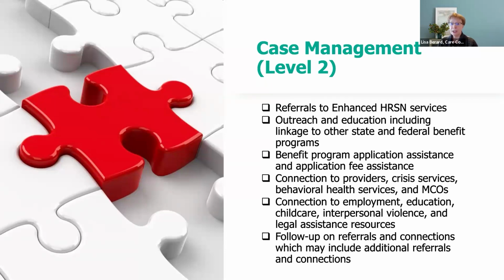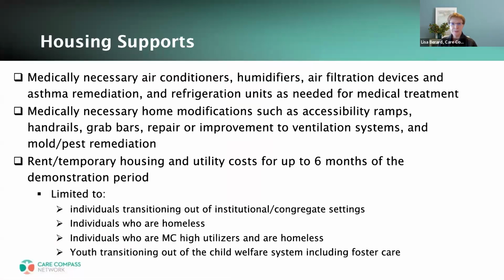Assistance in program applications and those associated fees, connection to providers, crisis services, behavioral health services, and MCOs, employment, education, childcare, interpersonal violence, and legal assistance resources, and then beginning that closed loop process to follow up on those referrals and connections to ensure that they have been successfully delivered and identify any additional referrals and connections that may be required. Next slide.